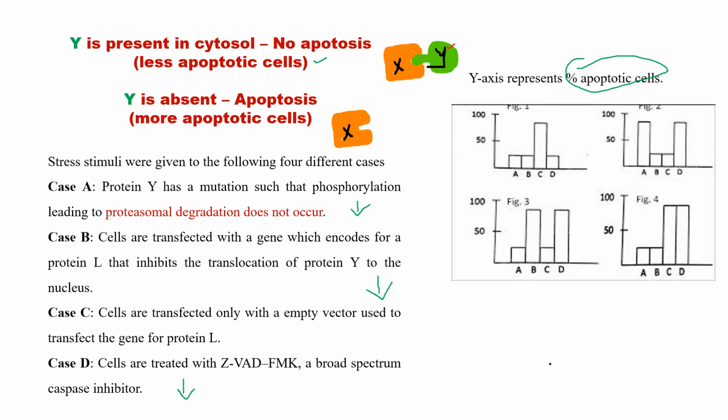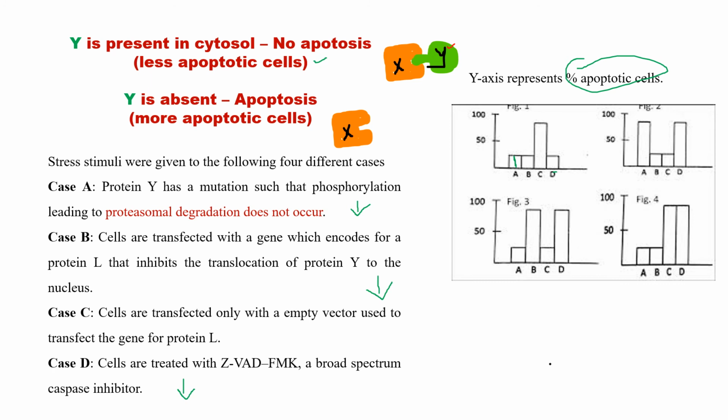So let's see the graphs. Come to graph 1. Here the Y-axis represents percentage of apoptotic cells. This is case A, this is case B, this is case C, and this is case D. In case A, less apoptotic cells, less than 50.